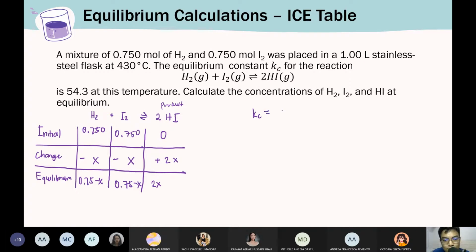So that's products over reactants. So that's the concentration of HI squared. And then for the reactants, you have your H2 times I2. Okay, ayan. And then you need to plug in everything. Okay, so Kc is, lipat ko lang to onti dito. Medyo mahaba yung magiging solution later.